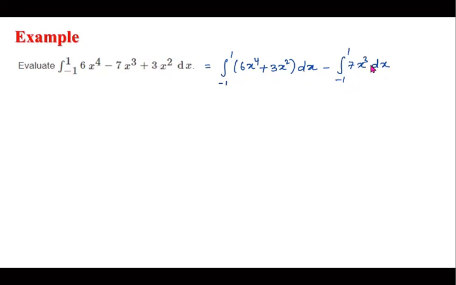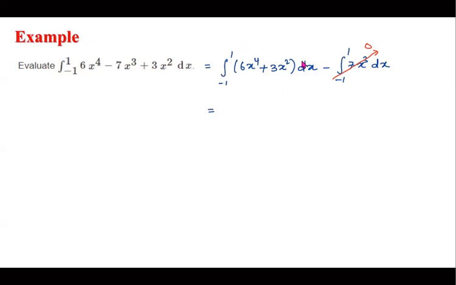So this function is an odd function. And when you integrate an odd function from -a up to a, so here -1 up to 1, by symmetry, this area will be 0. So I don't need to evaluate that part. Even if you evaluate, the whole value of the definite integral will be 0. I'm using the property. Now, the other thing is, this integral here is an even function.